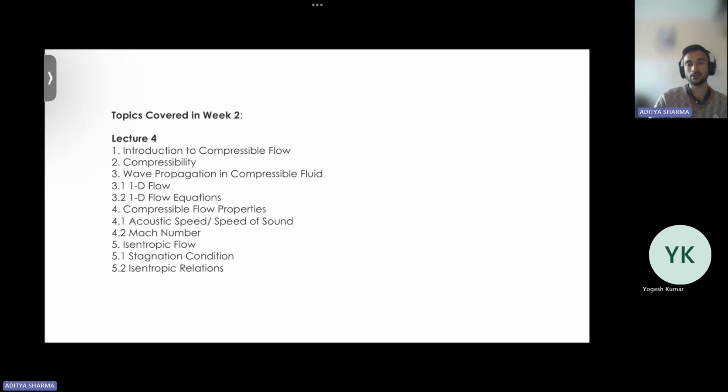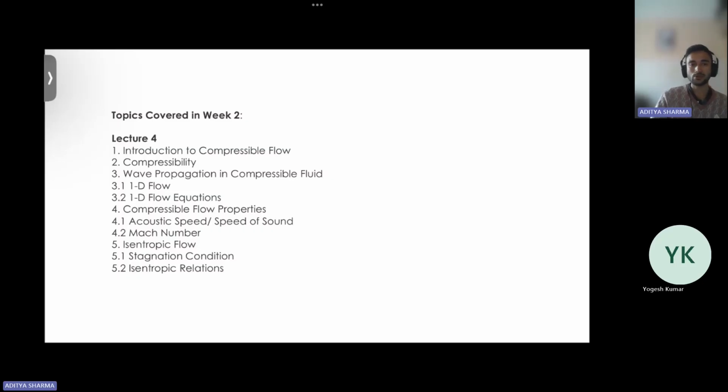In real life, like in front of aircraft, we see 3D shock waves. But as we have just stepped into this compressible flows course, we initiate with 1D flows only, and then later, if we want to delve deeper into the subject, we proceed in that manner.